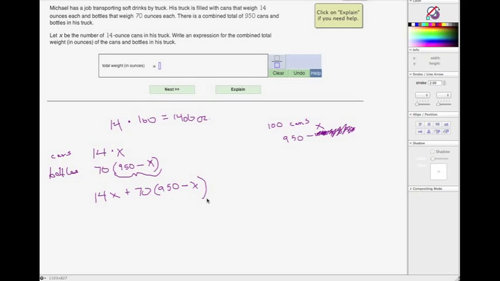And let's simplify the expression. It might count it as right even if we don't simplify it, but it's a good practice to go ahead and simplify it anyway. So let's distribute 70 times 950, which equals 66,500. And then 70 times negative x, which equals minus 70x.